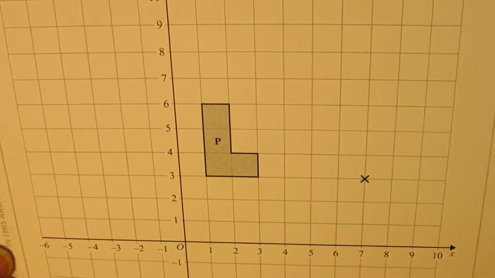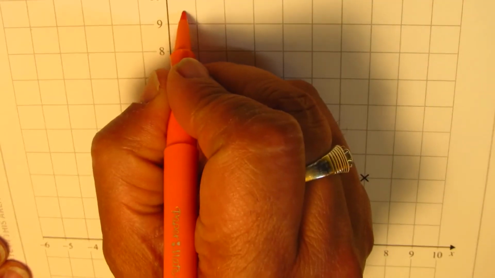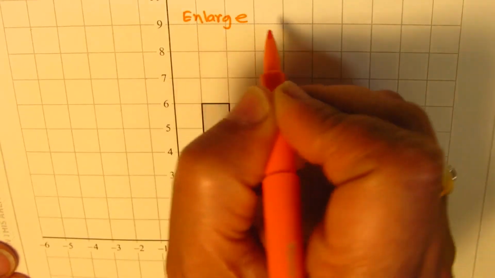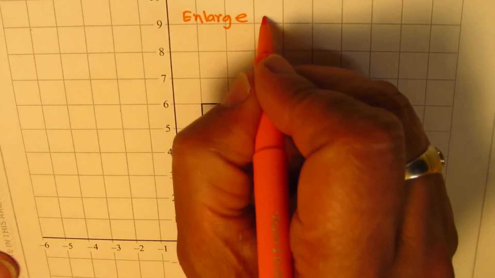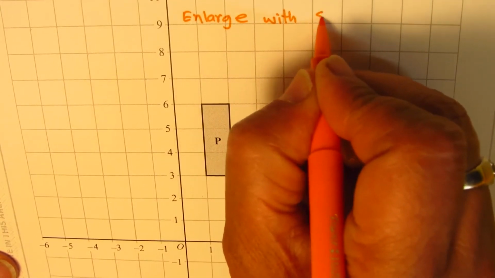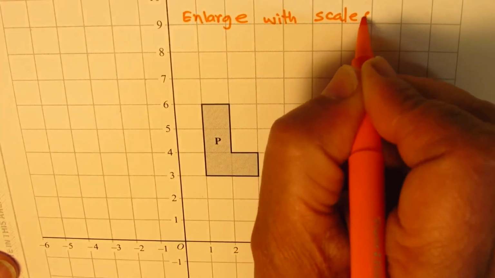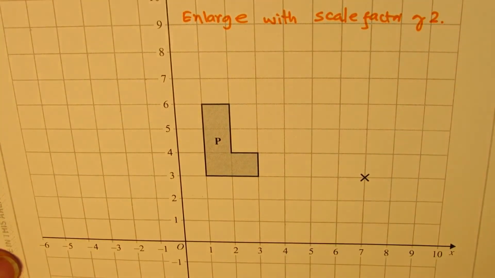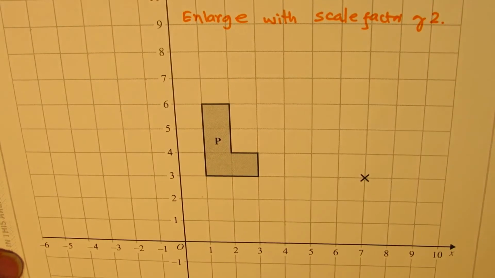So we'll do part A, which is enlarge the shape, with scale factor of 2, right? So twice it should look like, right?